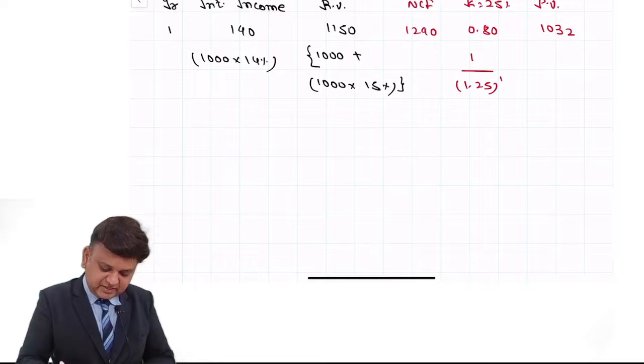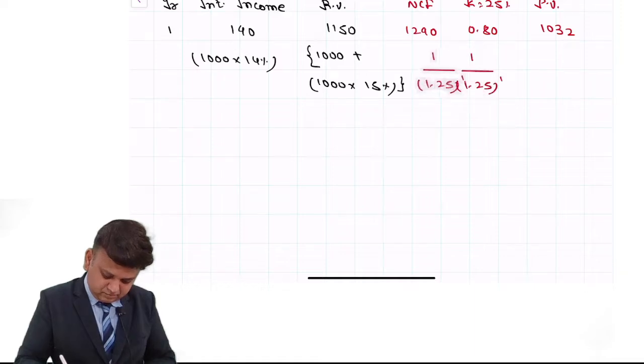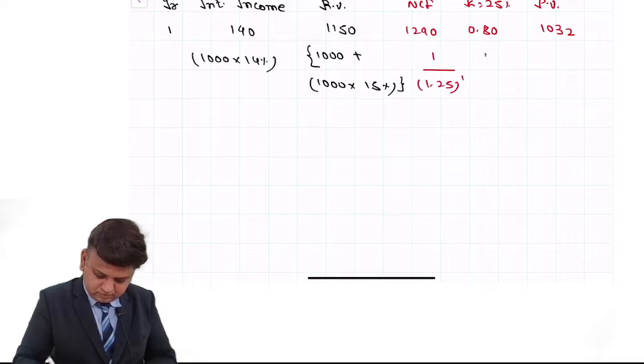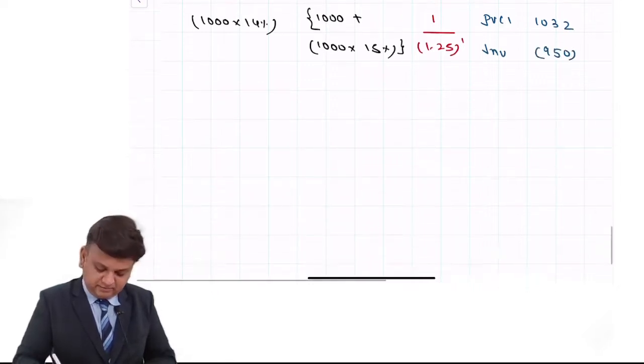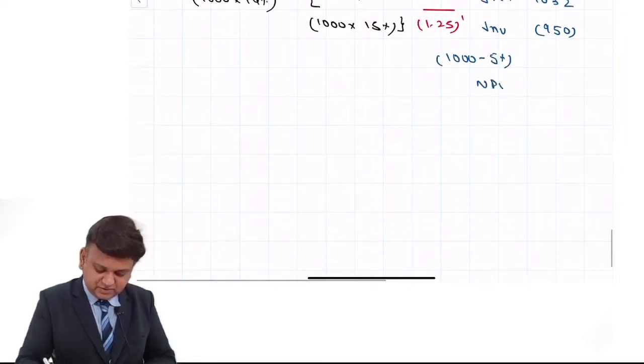So we understand that it is the present value of the cash inflow. Investment 950, 1000 minus 5%.